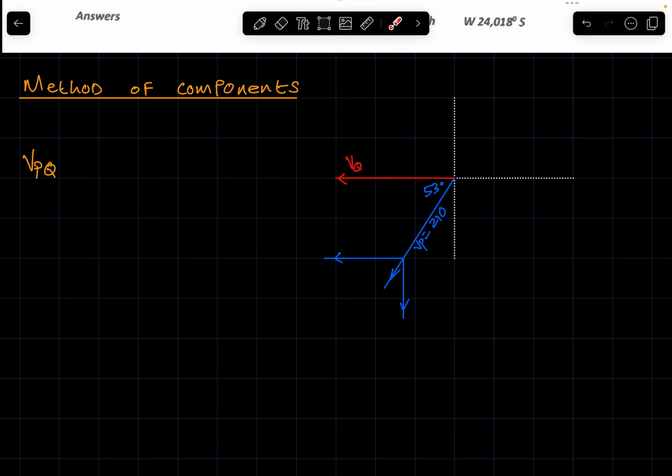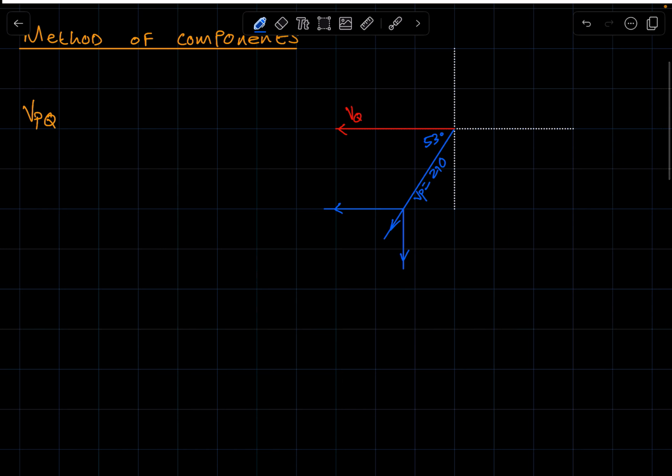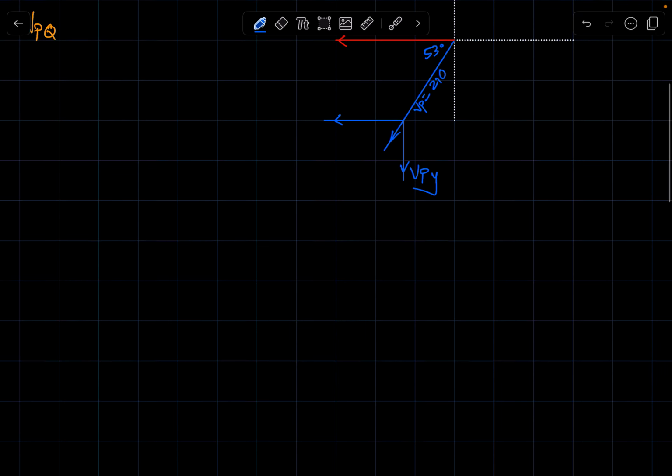Hence, you see each of the vectors going away from the point of intersection. So we're going to have the component of VP in the y direction, which we name VPY. This will be VPY, and VPY is headed south.